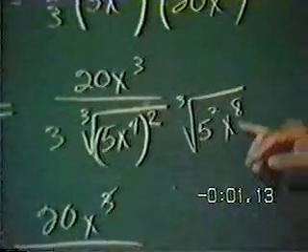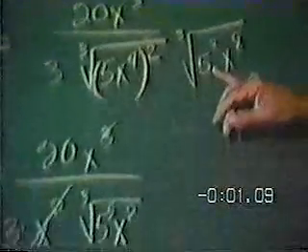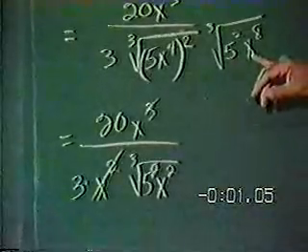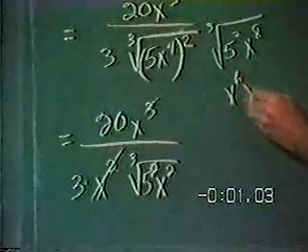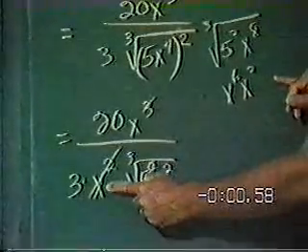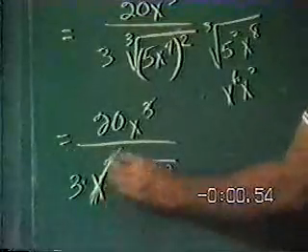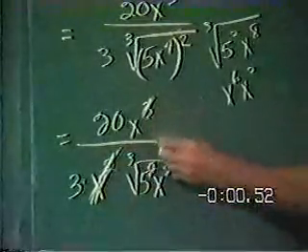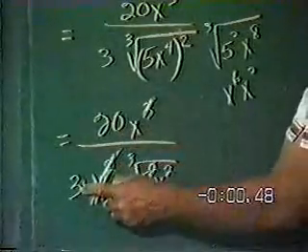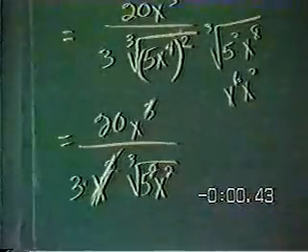So, the cube root of 5 squared is still 5 squared. The cube root of x to the 8th is x to the 6th times x squared. The cube root of x to the 6th is x squared. So I can simplify this to x squared. That then divides in with the x cubed, and I have a final answer, as in your notes, 20x over 3 times the cube root of 5 squared x squared.